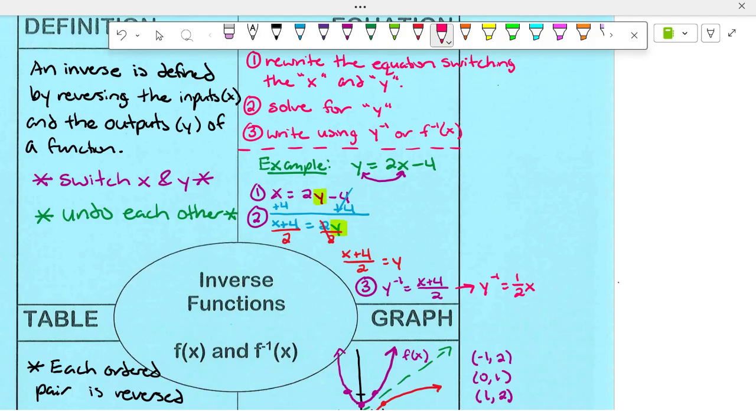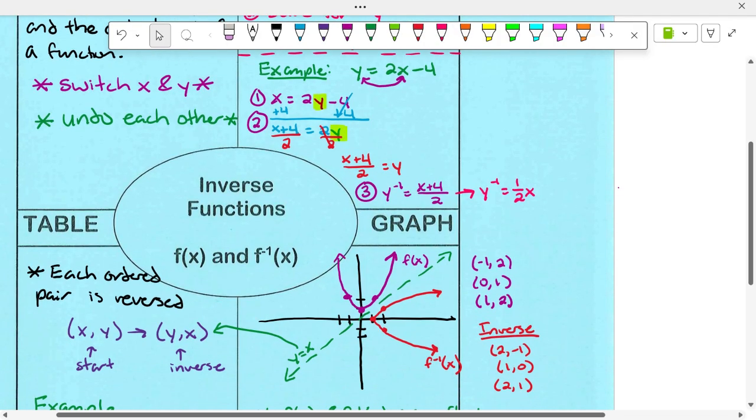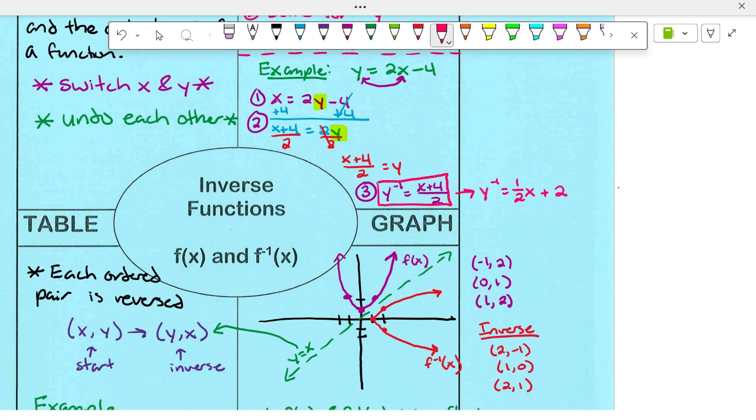And what's 4 divided by 2? 2. So another way you could write it is 1/2 x plus 2. Either one of these is correct, but honestly, if you just get down to there, I'm happy.